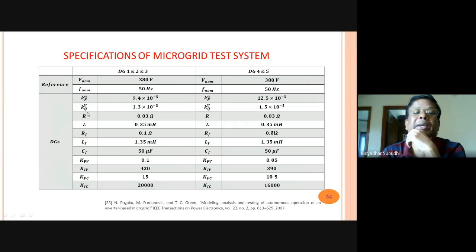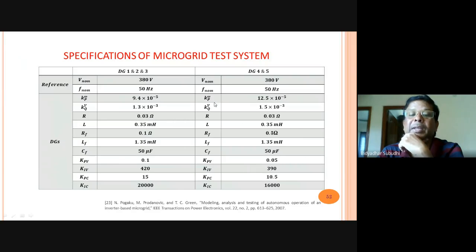For Kp, Kq, that is the droop coefficient, these are the values, and for the line impedance, this is the RL load, and this is the RF and the filter circuit, like R, LF and CF, and these are for the voltage loop, what is the droop coefficient, and then these are the current loop.